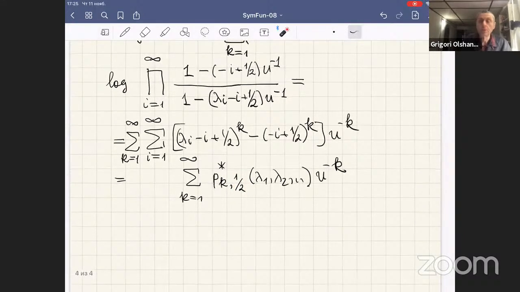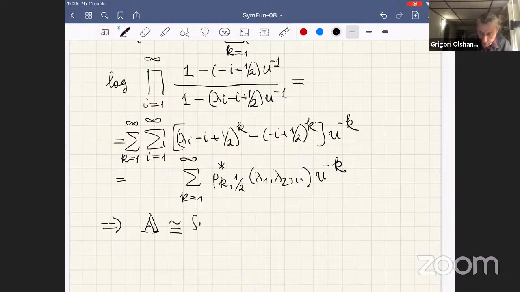So we can conclude from this that our algebra is isomorphic to the algebra of shifted symmetric functions in the variables lambda_1, lambda_2, and so on.